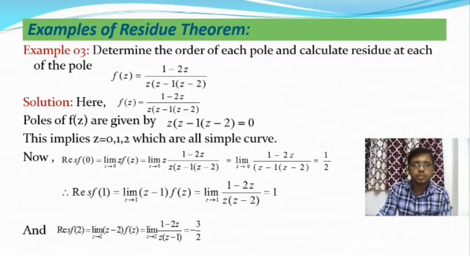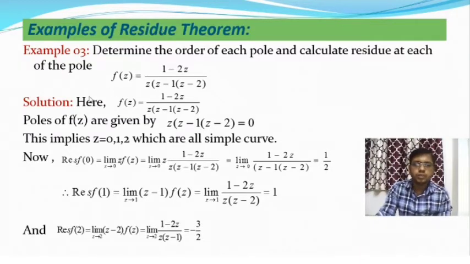Now we will go for the third example on residue theorem. So here is the example: determine the order of each pole and calculate the residue of the function f of z is equal to 1 minus 2z by z into z minus 1 into z minus 2 at the pole.